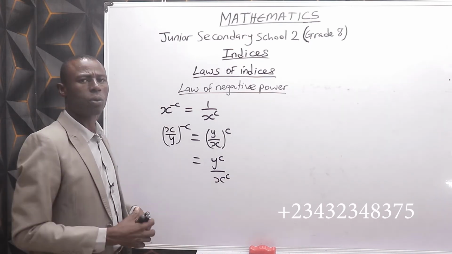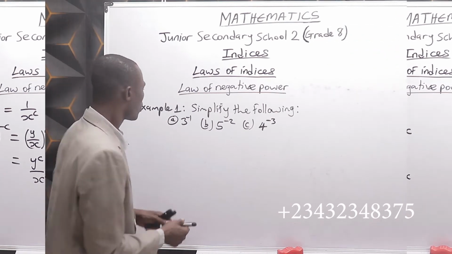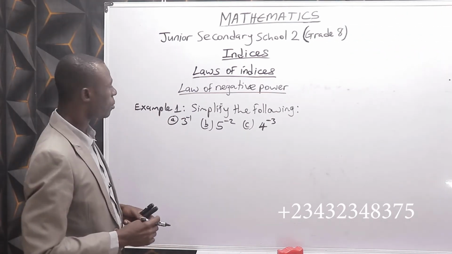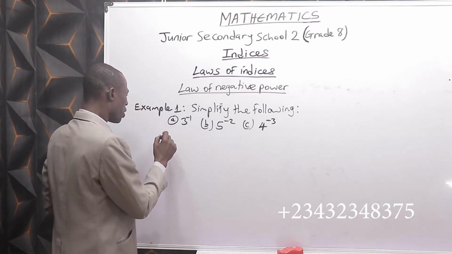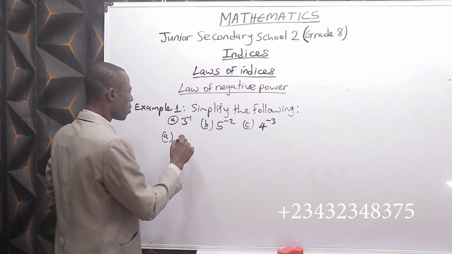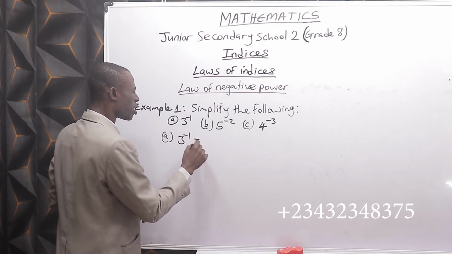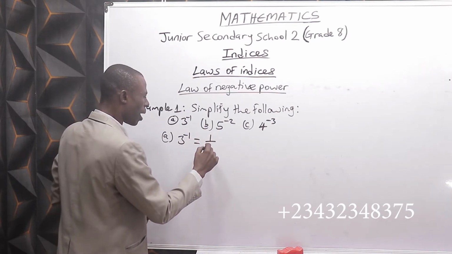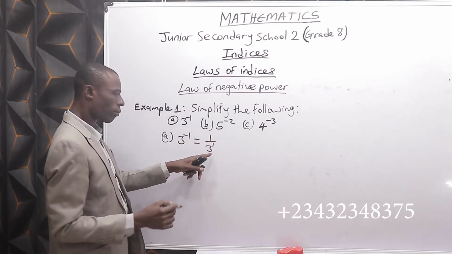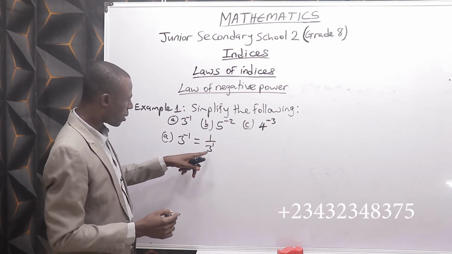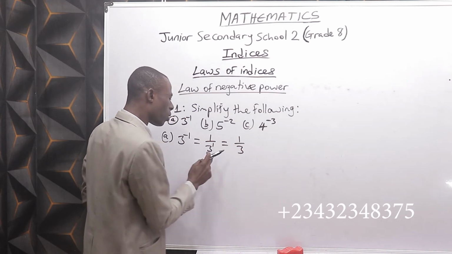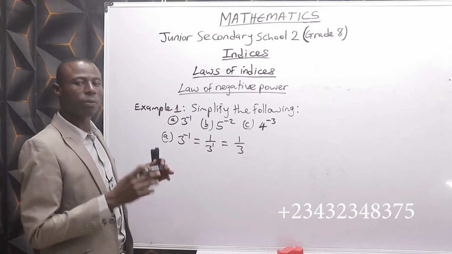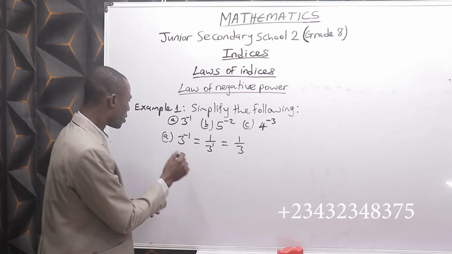Let's consider example 1 under it. Simplify the following. Question A. 3 raised to power minus 1 is expressed as 1 over 3 raised to power 1. Can you see? The power 1 is still retained, which means 1 over 3, because 3 raised to power 1 is still 3. So that is the answer.